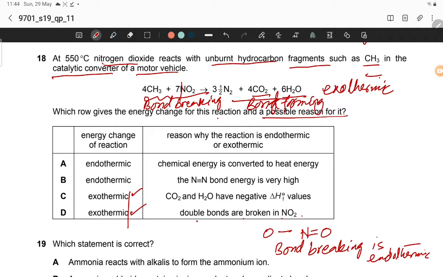Bond breaking is endothermic, so this is incorrect. Carbon dioxide and water have negative ΔHf values. Yes, this is correct because formation of carbon dioxide and water is negative. So C option is correct.